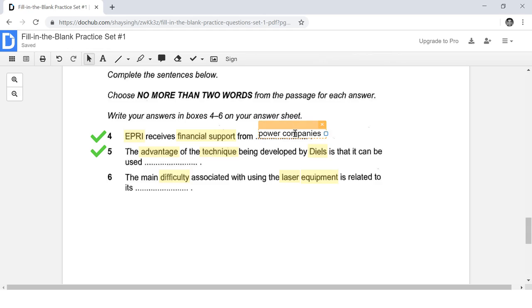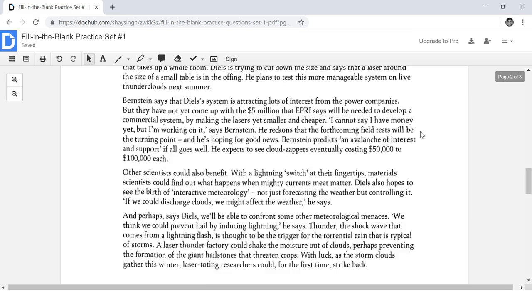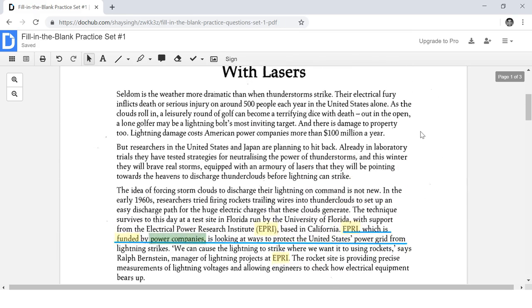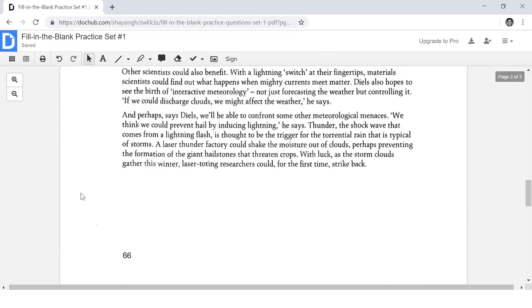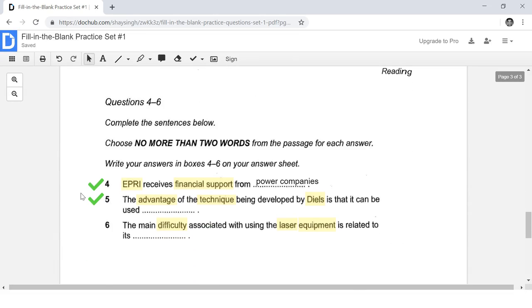So now that we have answered this question, there is one last thing that we need to do here, and that is to simply jot down the fact that we found our answer to question number 4 over here. So I like to number these, and I especially like to number these for the questions that are in order.